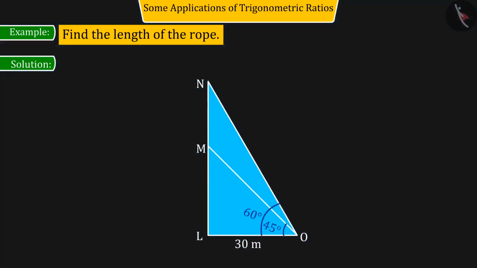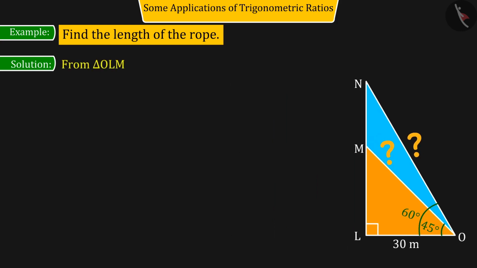So let's discuss this figure, where he has to find the length of OM and ON. First, by taking the right angle triangle OLM, he tries to find the length of OM, where using the trigonometric ratio he gets cos 45 degrees equal to OL upon OM.